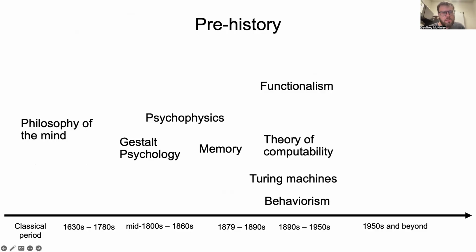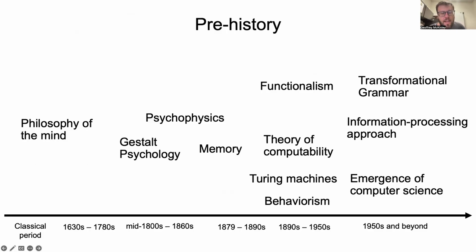But there are also some important predecessors occurring during this time: a theory of computability, Turing machines, the emergence of computers, and then the emergence of computer science in the 1950s and beyond.